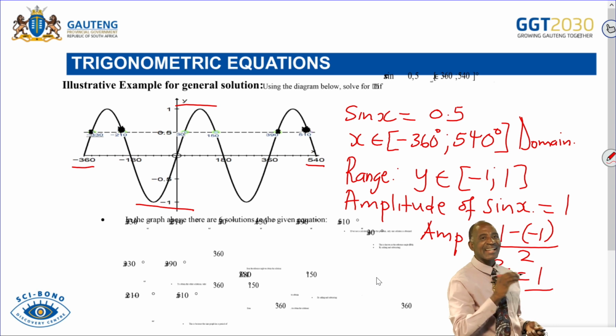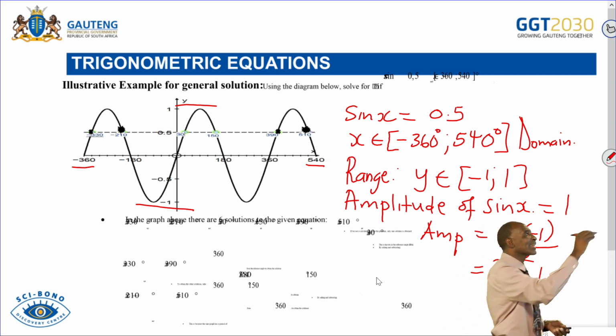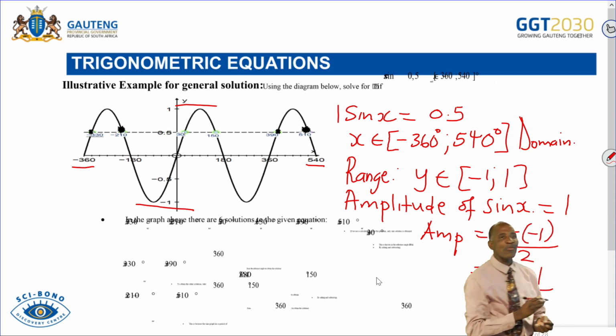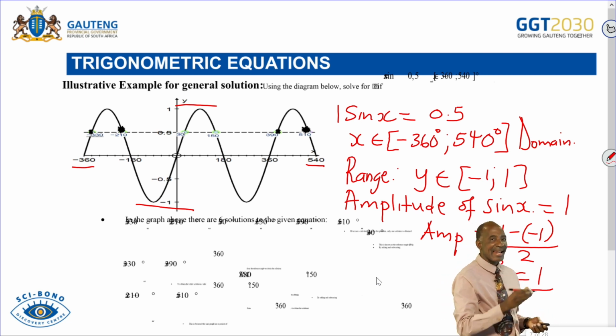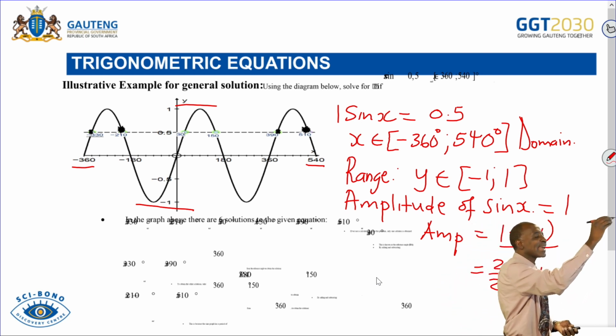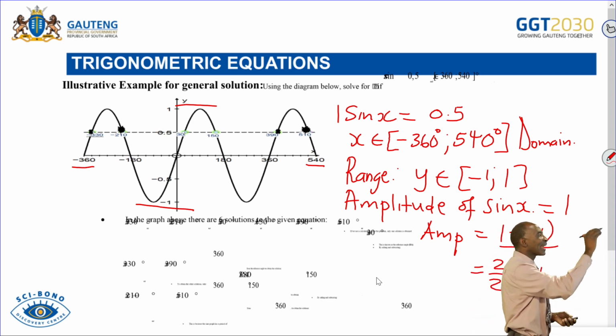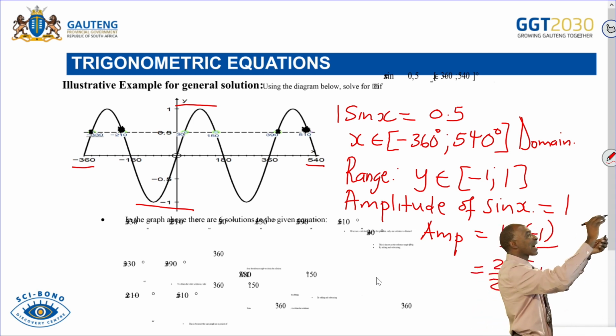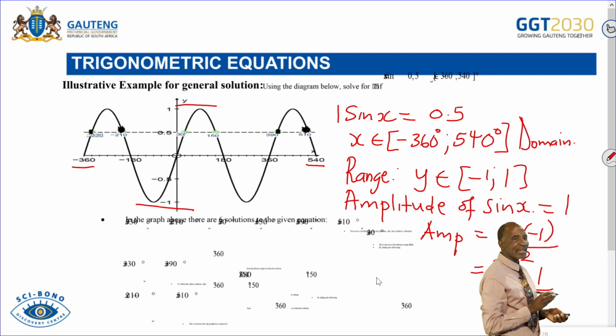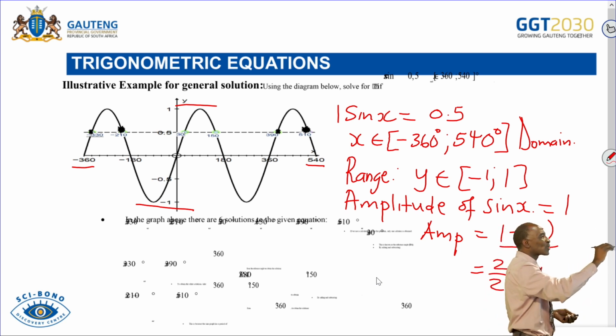That is a standard sine graph, wherein here you have a coefficient of 1. It's 1 sine x. As long as it is 1 sine x, our graph will always be trapped between -1 and 1.